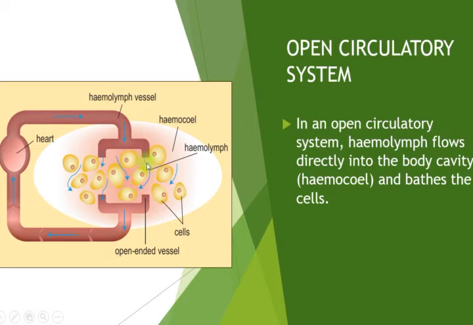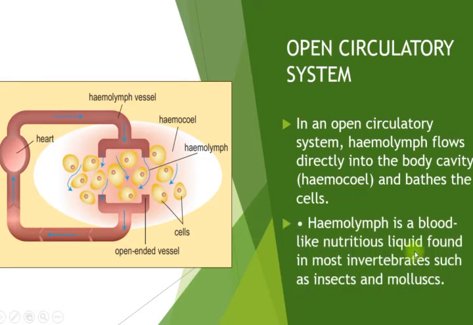This is the hemolymph here, and this is a vessel. The hemolymph flows directly into the body cavity, the hemocoel, and bathes the cells, the body cells of the insect.